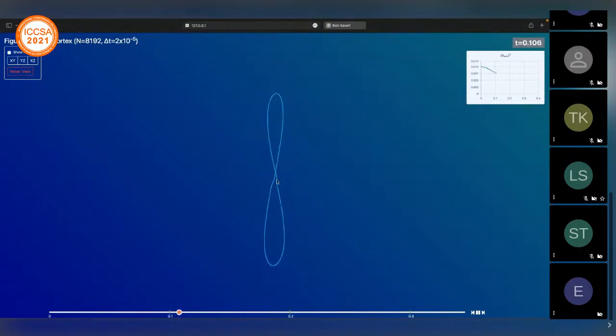As I rotate this visualization, we can see this is similar to what I showed several slides before. Let me enlarge it, and there are two parts that will touch each other. So this we call the vortex reconnection.